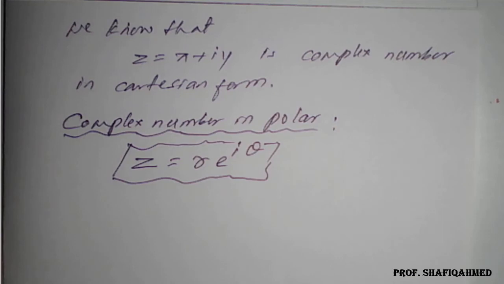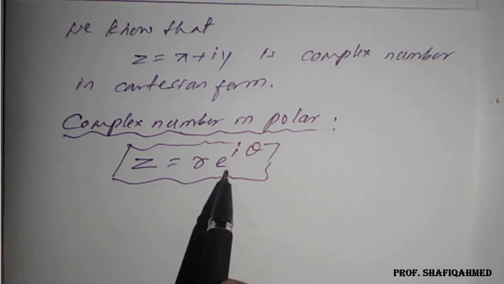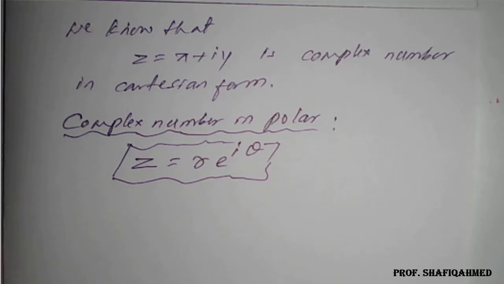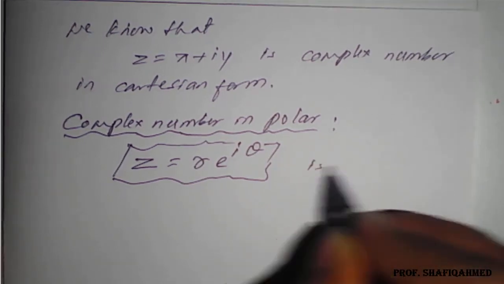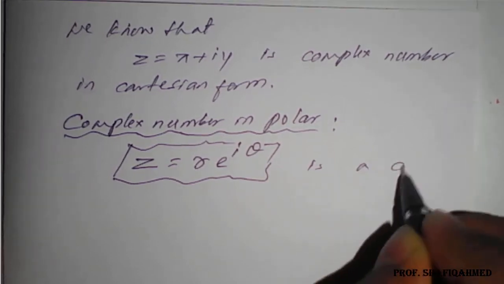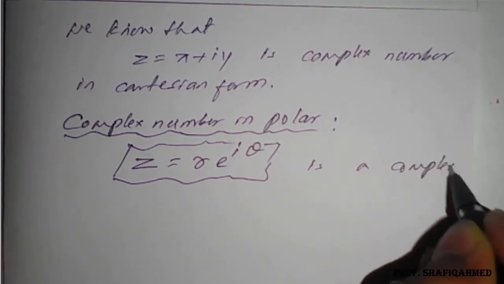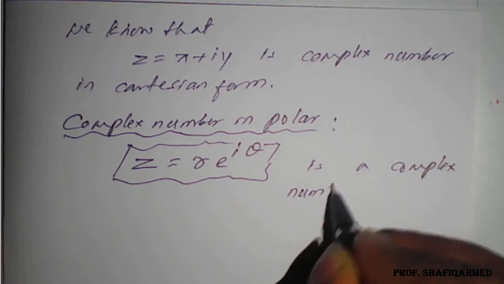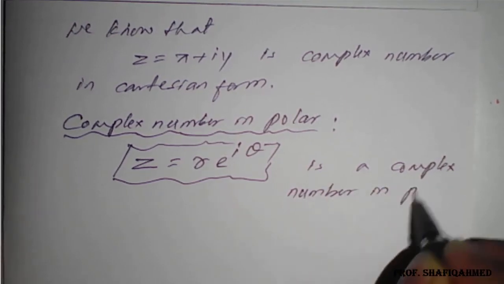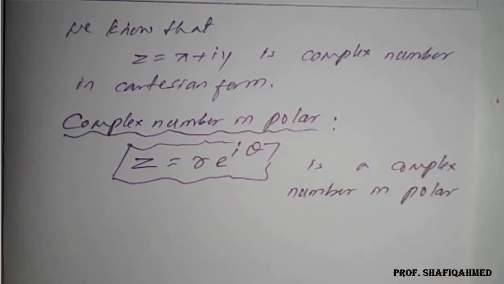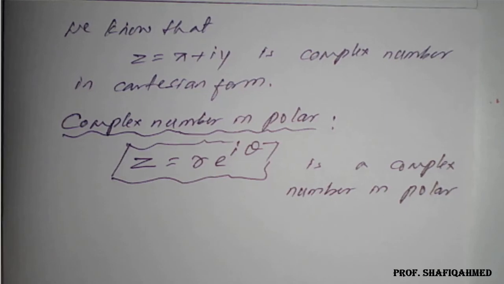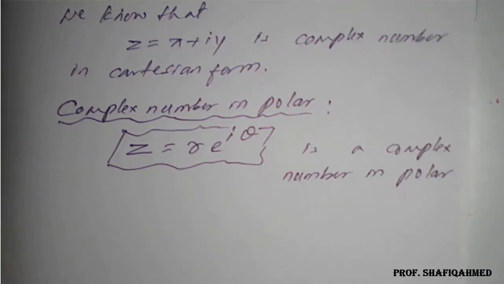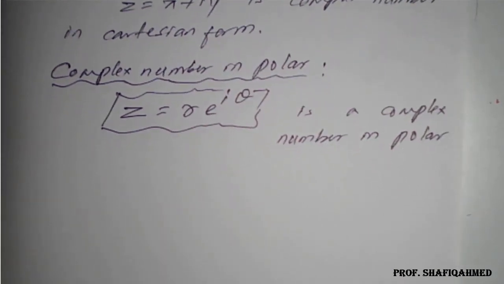You need to remember that z is equal to r into e raised to I theta is a complex number in polar form. Polar form means always it is in terms of r and theta. Cartesian means in terms of x and y. Polar means in terms of r and theta.